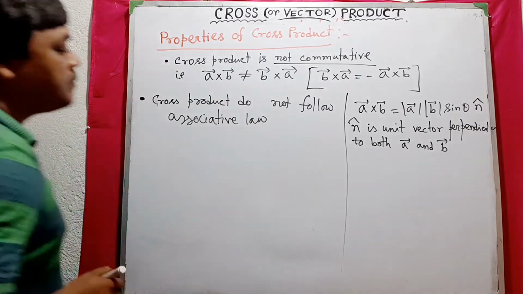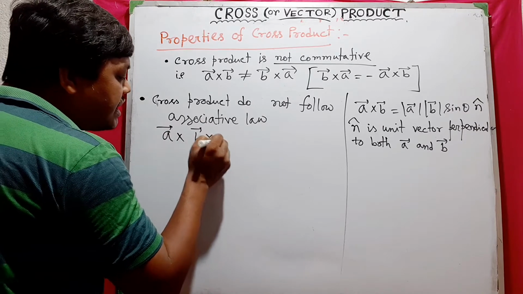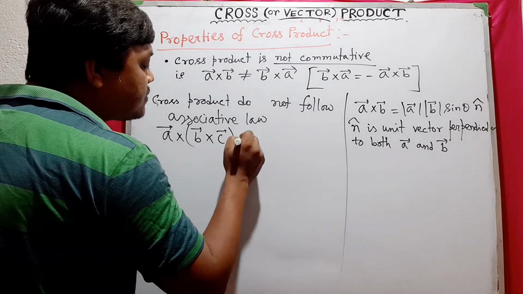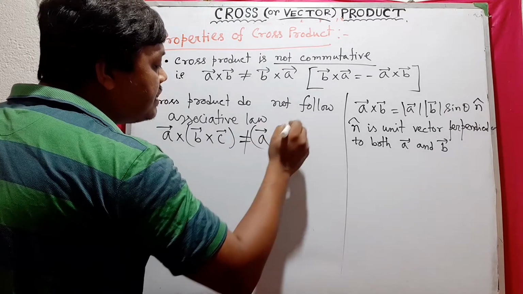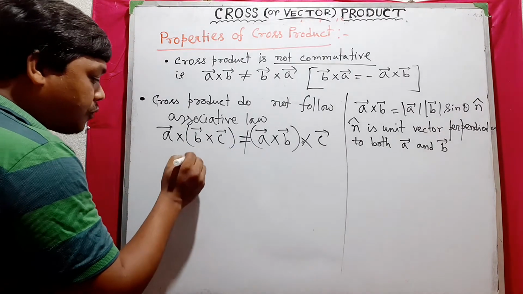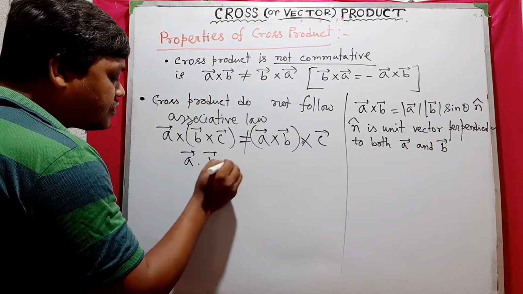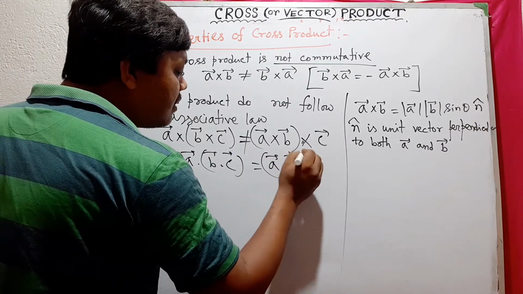What is associative law? That means A cross B cross C, this is the associative law, not equals to A cross B cross C with the other grouping. But in dot product it holds. Dot product কি ছিল? A dot B dot C equals to A dot B dot C. It holds.